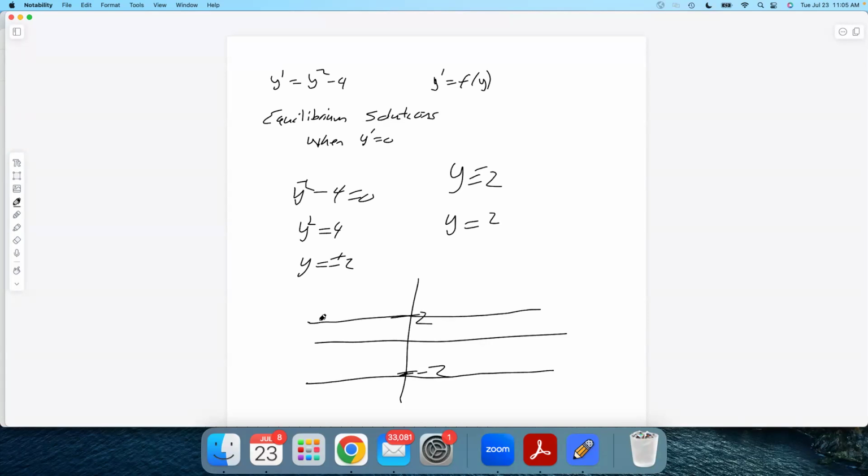Now, what we care about is, are these stable or unstable equilibrium solutions? Meaning, if I'm on a solution curve that's near y equals 2, is that solution curve going to get closer and closer to this equilibrium solution or further away?